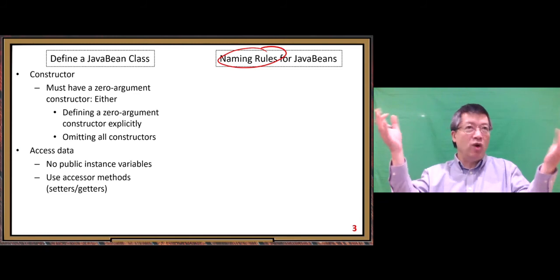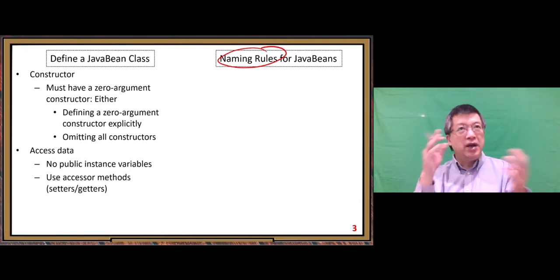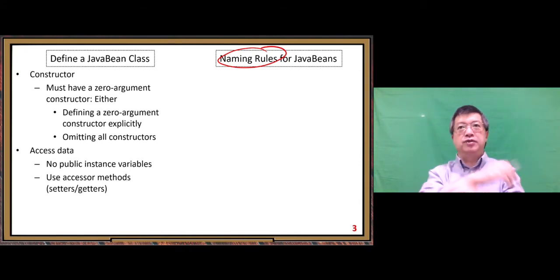Data binding is one example, because data binding happens automatically. To make that happen automatically, your setters and getters must follow the naming rules for JavaBeans.